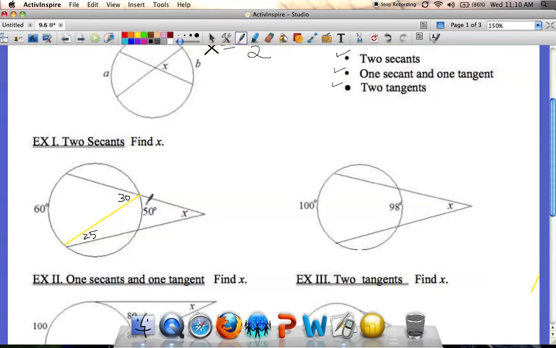So X is 5. Or you could remember that this angle here is 150 degrees, and these all have to add up to 180. So 150 plus 25 is 175, and 5 is 180. So X equals 5.